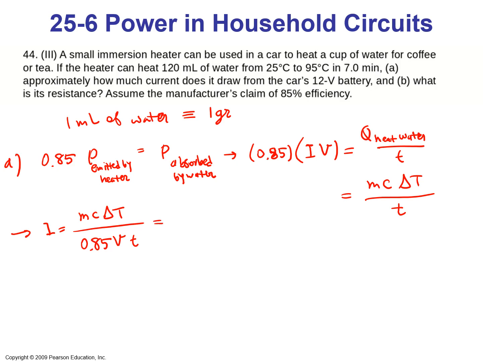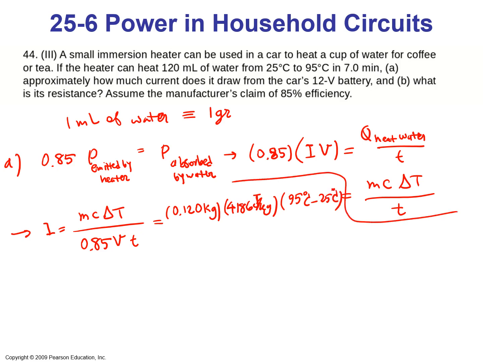Let's plug in the numbers. We have 0.12 kilograms of water. C of water is 4186 joules per kilogram per degree. Delta T is from 25 degrees C to 95 degrees C, divided by 0.85.